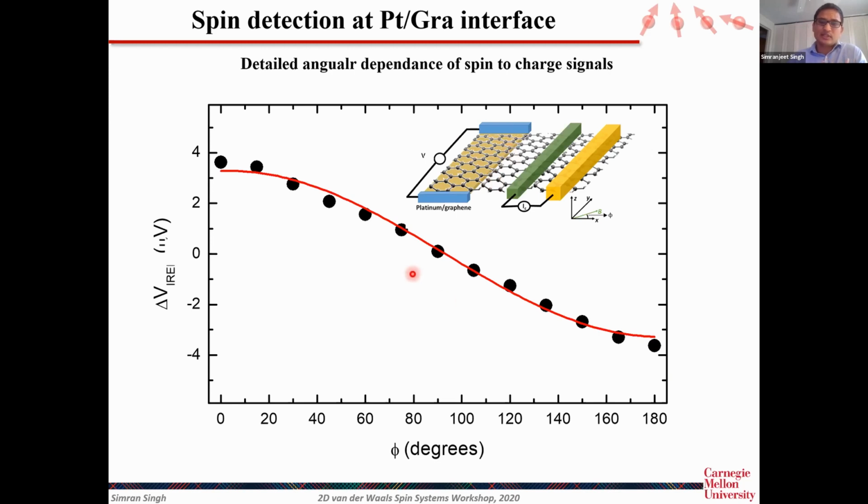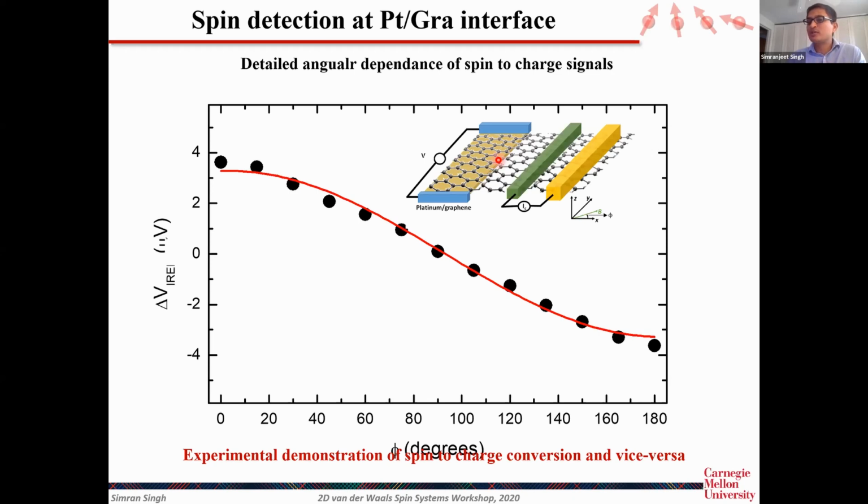Now, this shows you that we can achieve both spin to charge conversion and vice versa, as I showed before, right? One of the interesting things that we observe in this heterostructure is that the magnitude of this spin charge interconversion signal is actually an order of magnitude larger than what people have previously reported on platinum graphene interfaces.